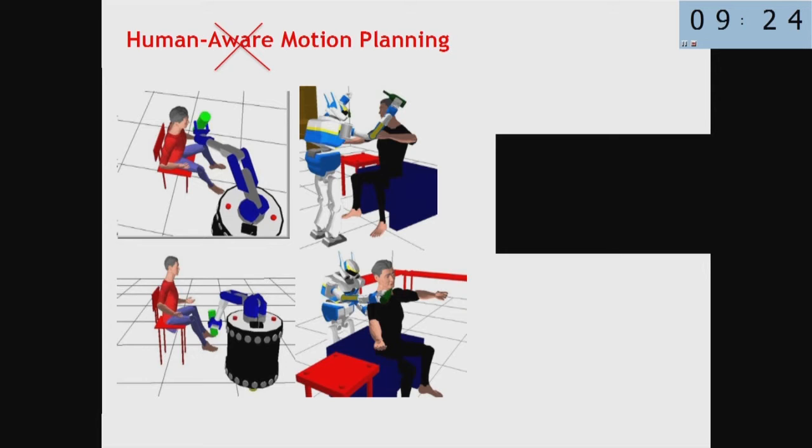When you are doing motion planning, that means you compute a path for a robot. It could be for the arm of the robot. It could be for the base of the robot if it's navigation. You will avoid computing motion that is not understandable by the human.